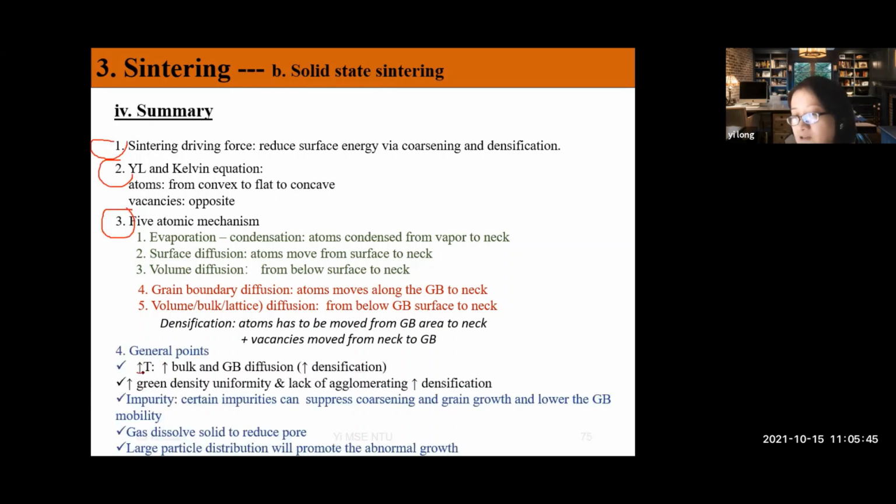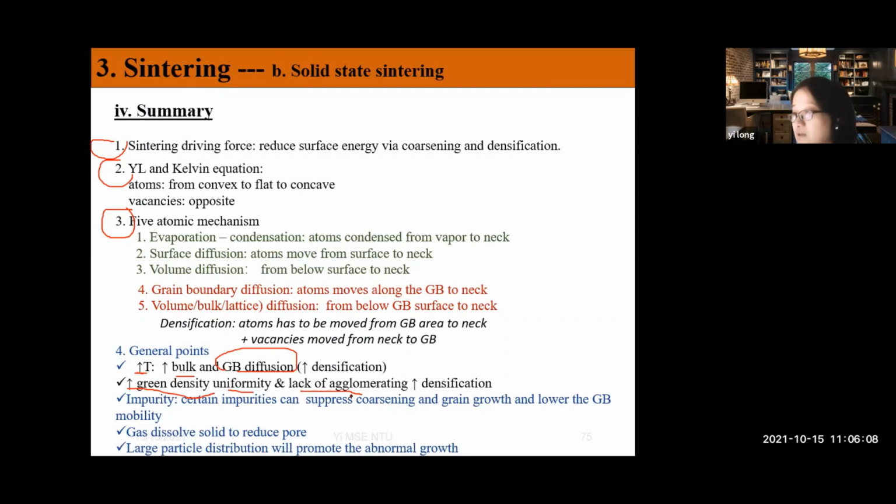The higher temperature normally helps to promote the bulk diffusion and the grain boundary diffusion. In general, it's going to enhance the densification. And we said if you have better densification, you get a higher green density and higher uniformity and the lack of agglomerations, right? We have already explained.